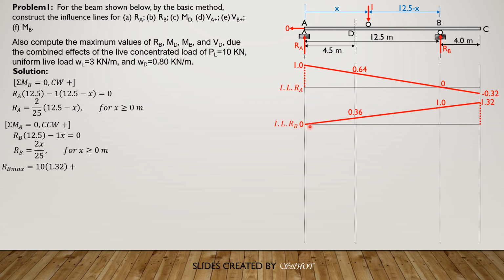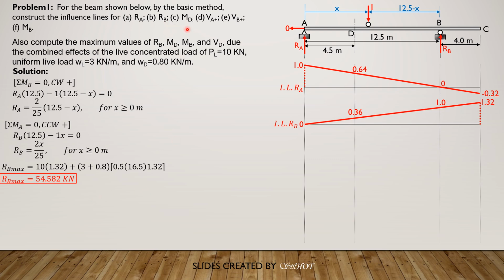Since the dead load is also over this entire span, then it is equal to 3 plus 0.8 times the area under the influence line. So 0.5 of 16.5 times 1.32. That's the area under the influence line. So RB max is equal to 54.582 kilonewtons.